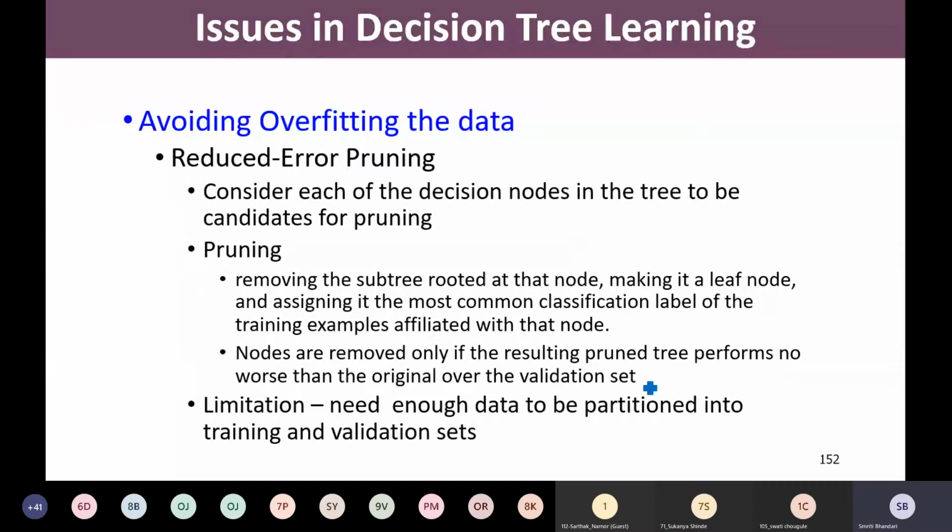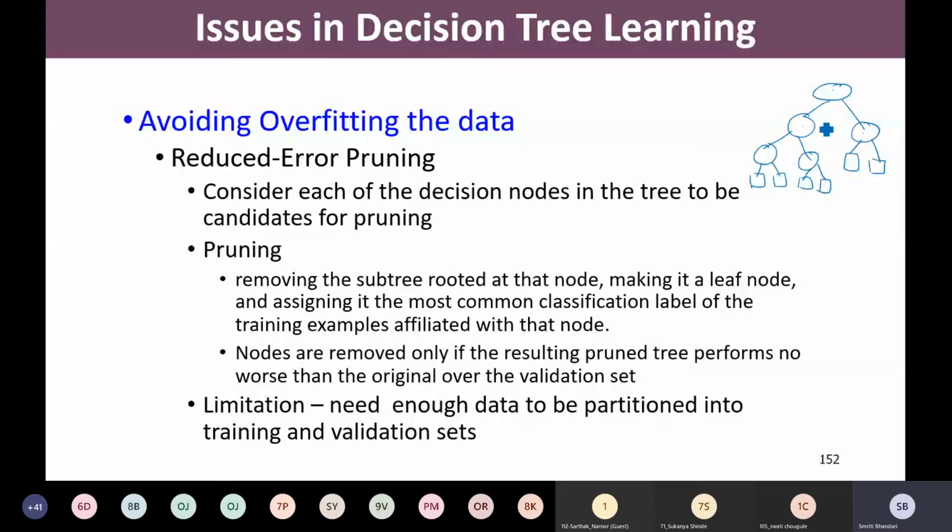Further, let me give you some hint about the pruning task. Reduced error pruning is the technique. Suppose we have this decision tree available with us. We are going to consider each decision node in the tree, and for each decision node we are going to apply pruning.